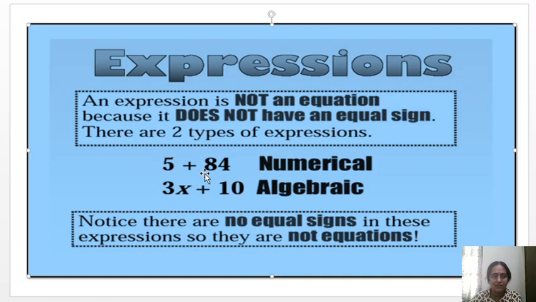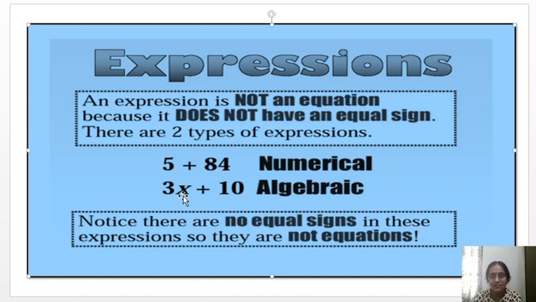When it comes to expressions, there are 2 ways to write the expression. First is 5 plus 84. You know this statement from the first standard itself. This expression consists of only numbers, right? It is named as a numerical expression. Second is 3x plus 10. What is the difference between the first expression and the second expression?